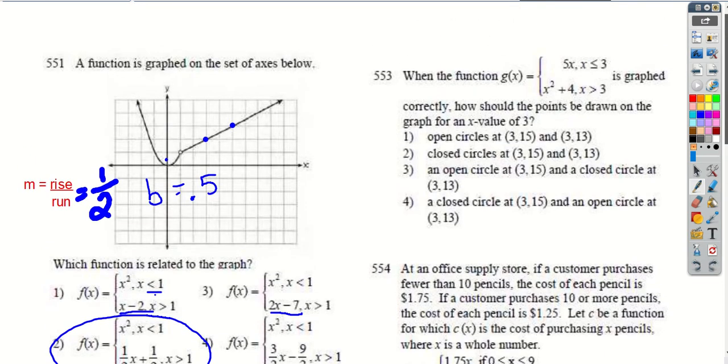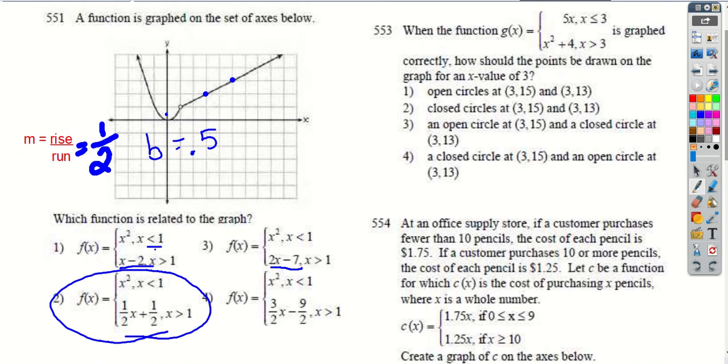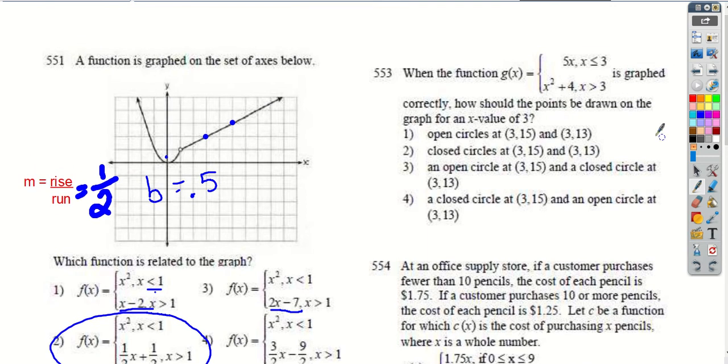All right. 553. When the function is graphed, how would the point be drawn on the graph for an x value of 3? So I know if I plug in 3 on the x-axis, that this function is not going to get used because this isn't strictly a greater than. It has to be an equal to. So if it's equal to, then I am going to use this function. And so if I plug in 3, 5 times 3 is 15.